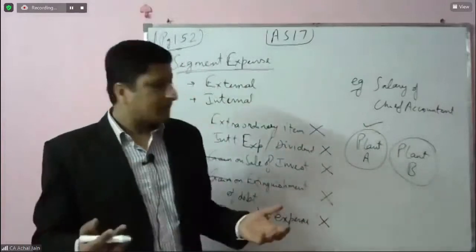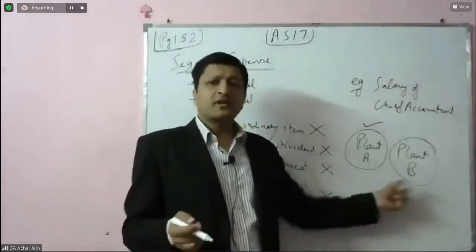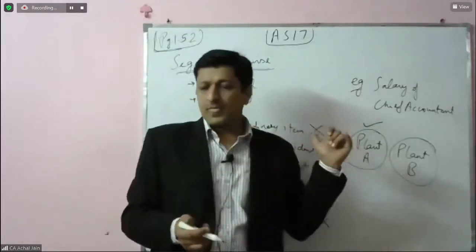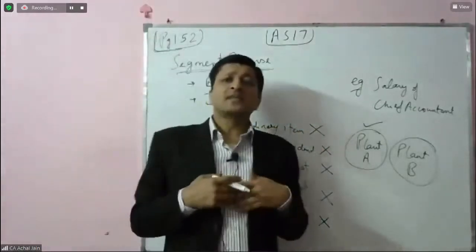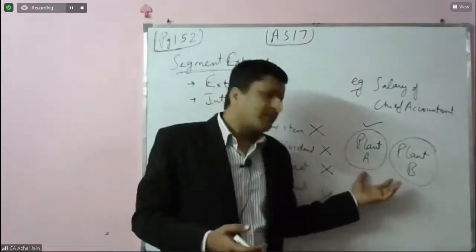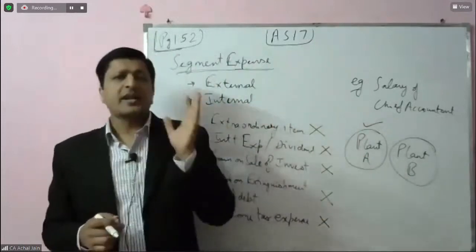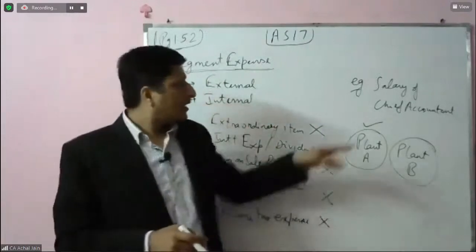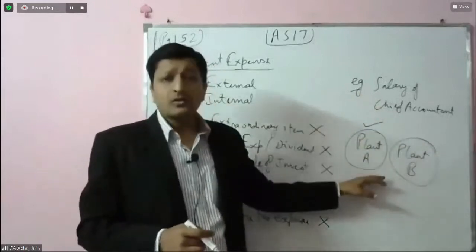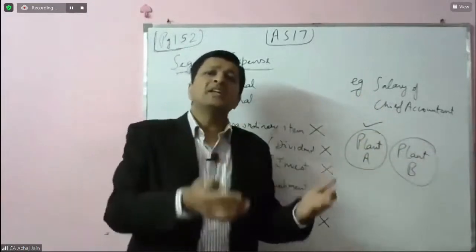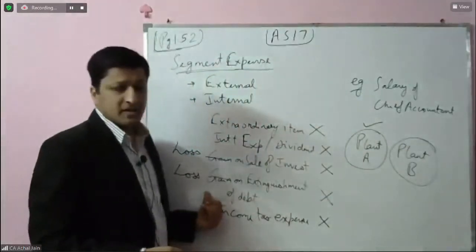So if there is any way through which this expense can be allocated to these two segments, and that is a reasonable basis, because this expense relates to the activities of this particular segment, then such allocation can be done. Otherwise, such type of expenses which do not really belong to the segment but to the company as a whole are not disclosed in the segment expenses.